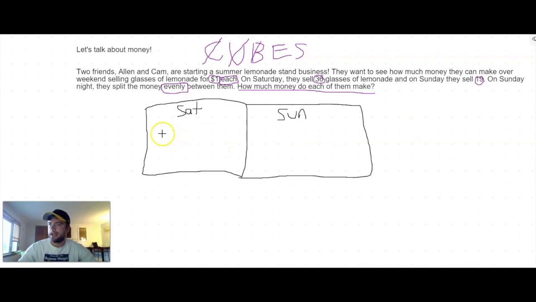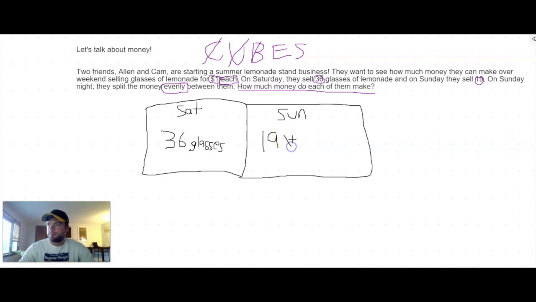And we know on Saturday they sold 36 glasses. And on Sunday, how many did they sell? Yeah, 19. And I'm not going to label that because it takes forever. But you know that 19 stands for 19 glasses. And each of them sold for $1 each.